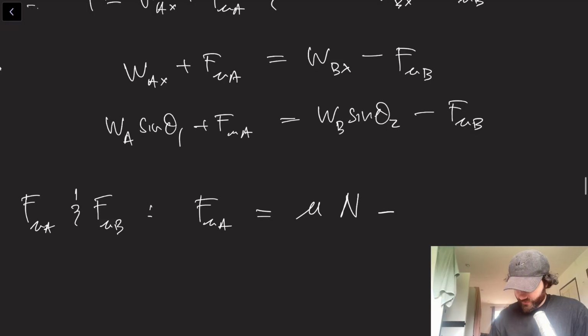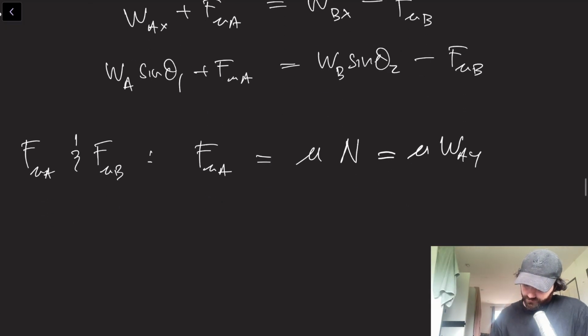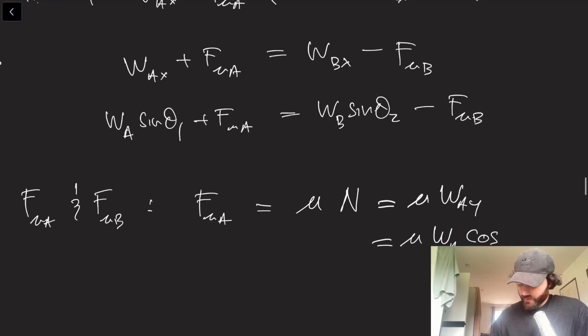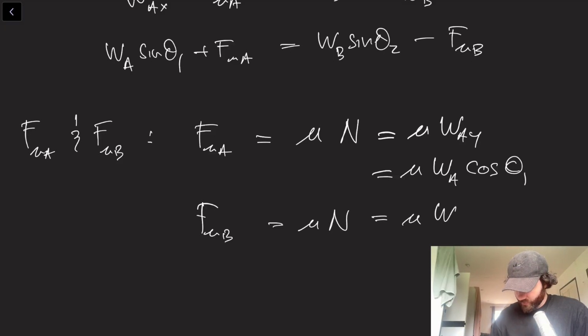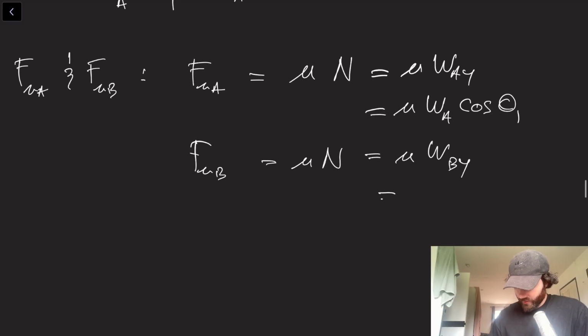So that equals mu WAY, and that will just be mu WA cos theta 1. And the same goes for F mu B equals mu N for B, which would be mu WBY, and that equals mu WB cos of theta 2.